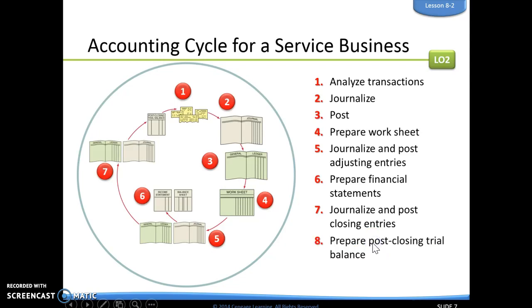And then our last step is we are going to prepare our post-closing trial balance, which we just saw. That would be the end of the accounting cycle then, and then all we do is we start all over again. We're analyzing transactions or source documents, journalizing, posting, and all the way through. So it's just this never-ending circle.